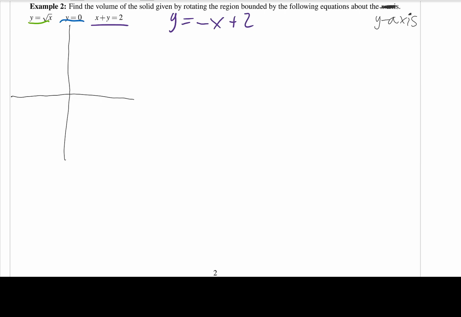So we should have something that looks like, let's see. Let's start with y equals 0. I like that one. Nice, fun line to draw. Y equals negative x plus 2. So that means we have a y-intercept of 2. And then it's going to look something like this.